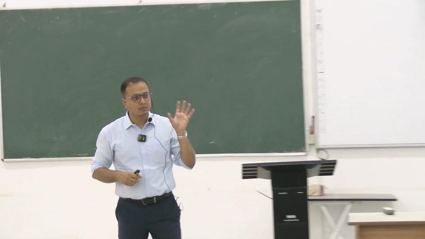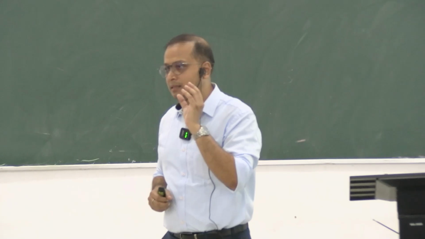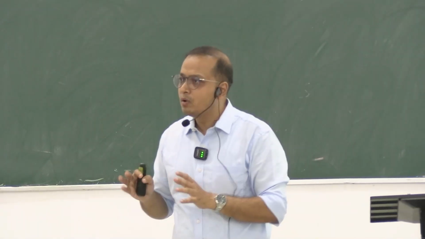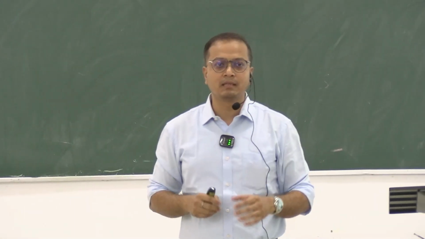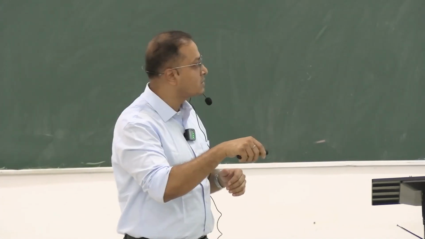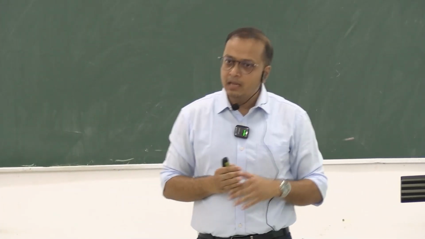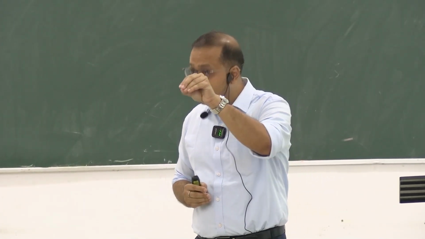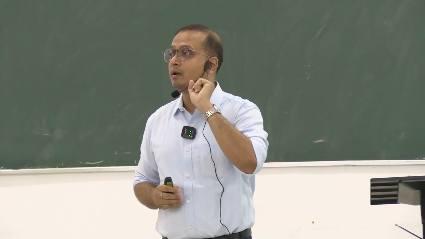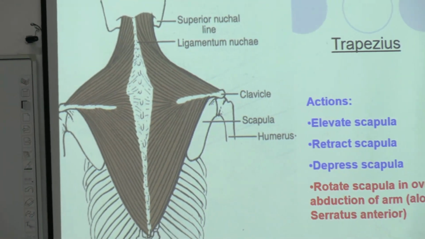Now above these, the contents of the muscles and the actions which I have mentioned here, the most important ones are highlighted on the bottom side. If you ask which is exam important, it will be this rotation of the scapula in overhead abduction of the arm.